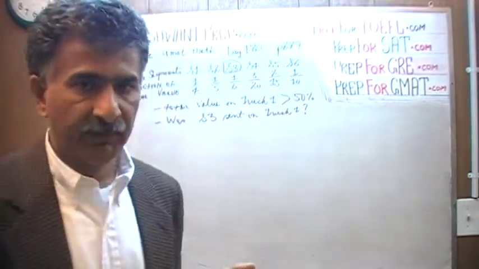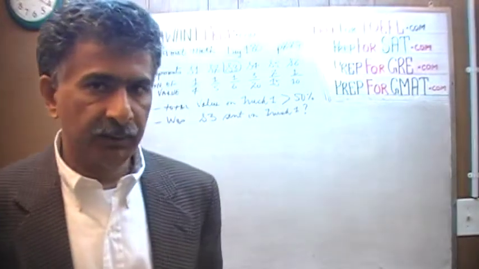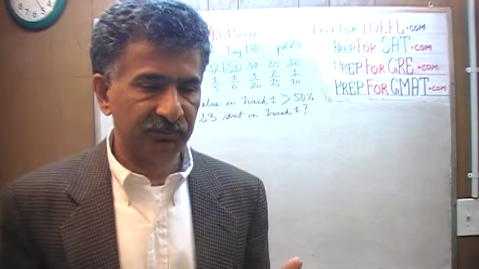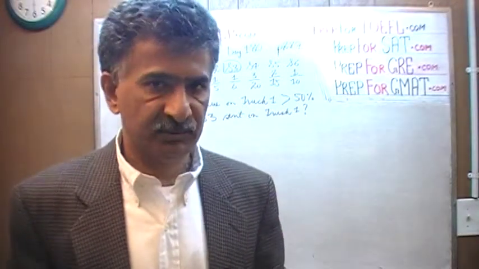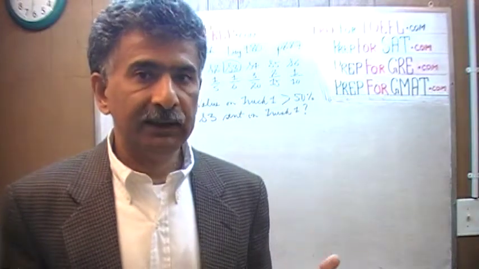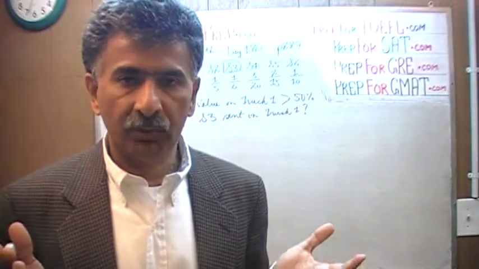Let's find the common denominator. To keep our numbers small and our work minimal, we want the smallest possible common denominator, known as the least common denominator, or the LCD.